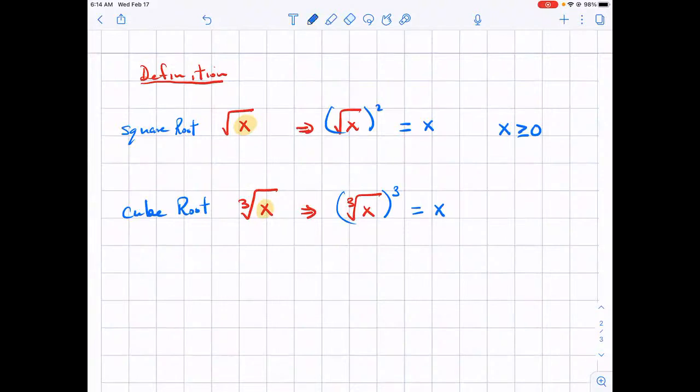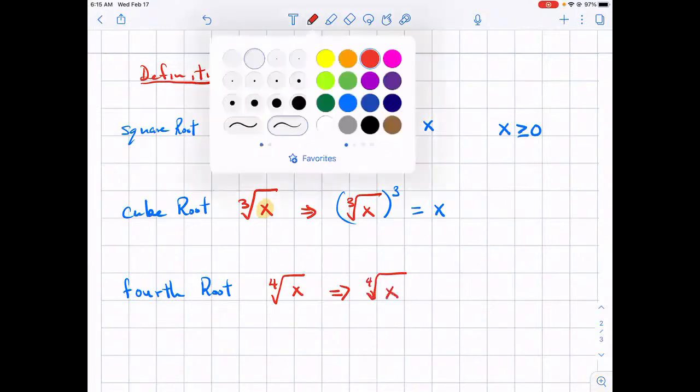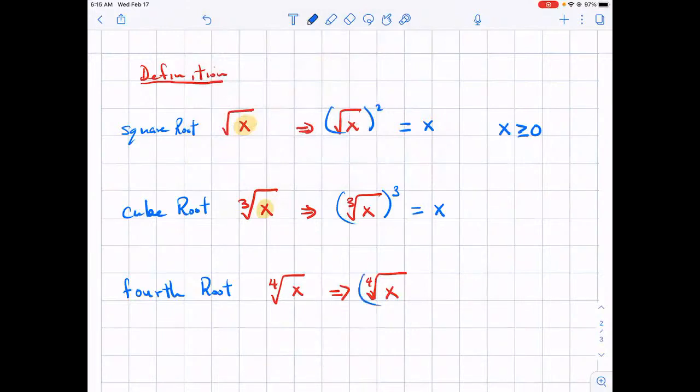Now, if we look at the fourth root, now we have the fourth root of x, and we will see that if we raise this to the fourth power, this is equal to x.